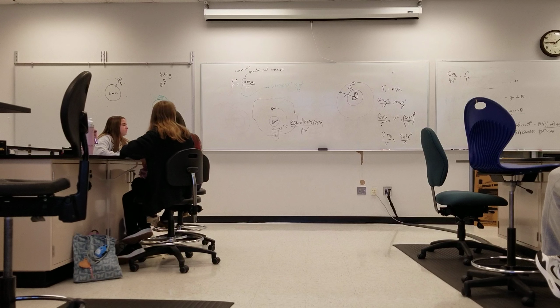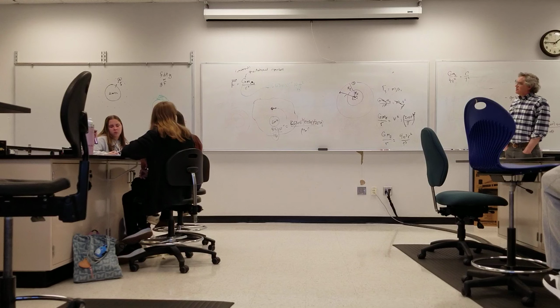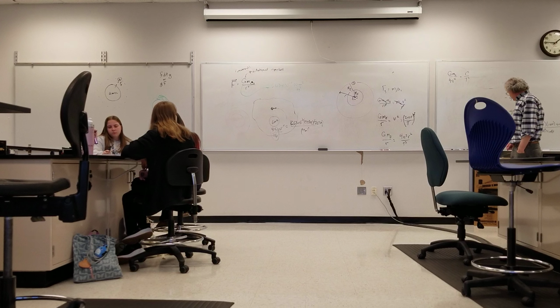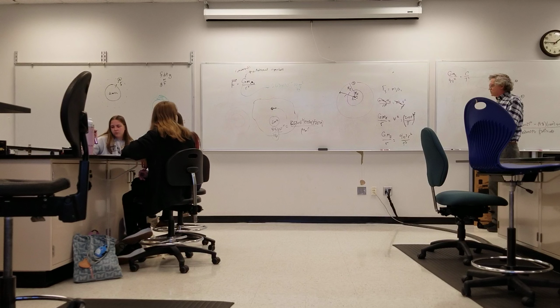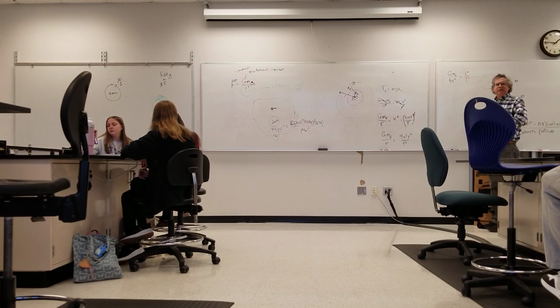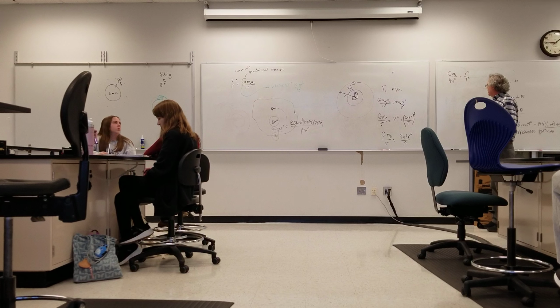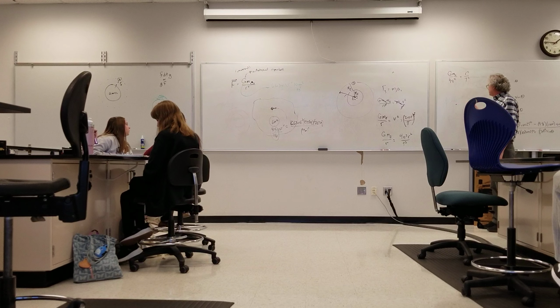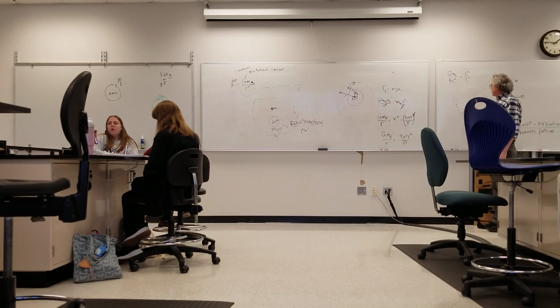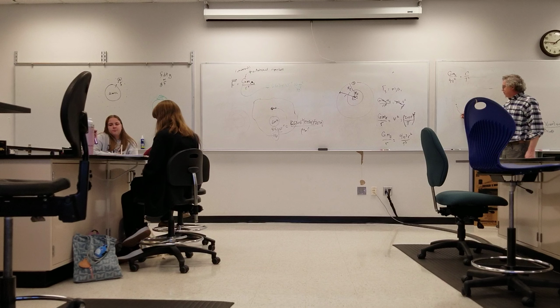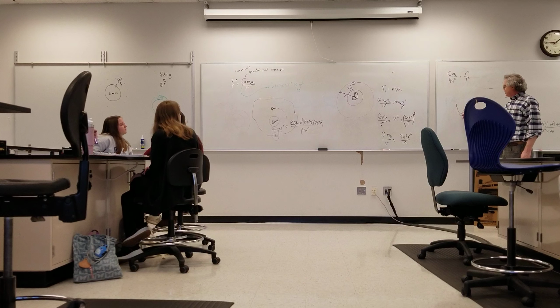Now, it turns out that things don't actually travel in circular orbits, they travel in elliptical orbits. And what's an ellipse? If I take two points and I have a string dangling between them, I take a pencil and I pull it so that the string is tight.